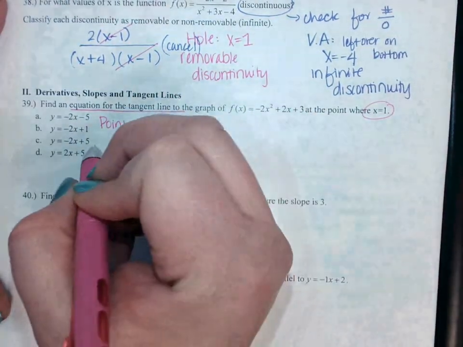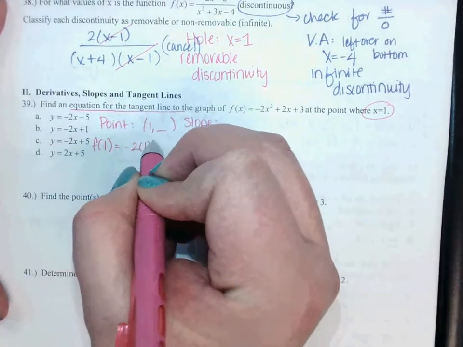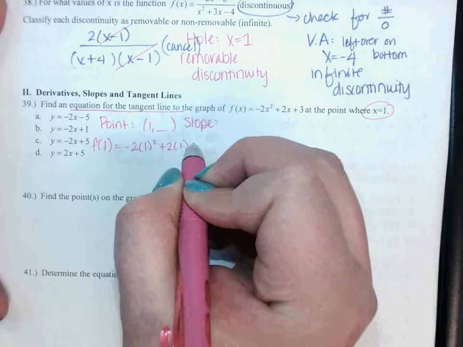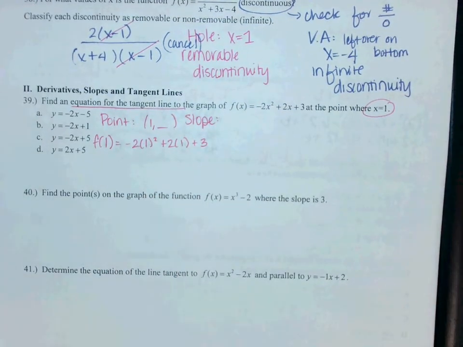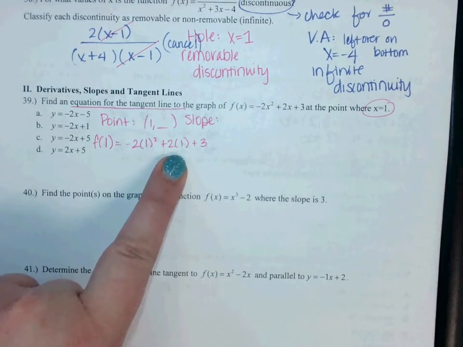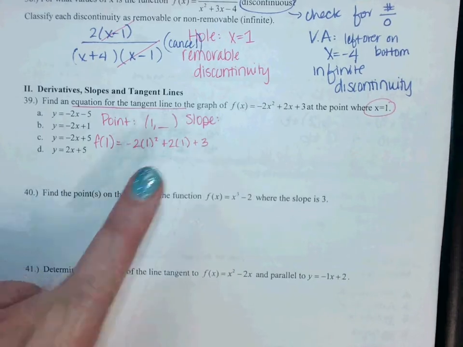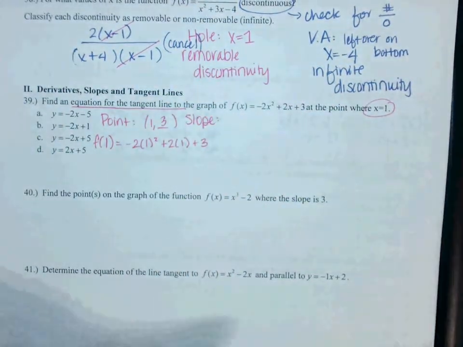So I'll have f of 1 equals negative 2 times 1 squared plus 2 times 1 plus 3. But what's my first little term? Negative 2, what's that? Plus 2, cross out, then plus 3. So I have my point. How do I find my slope? Take the derivative.